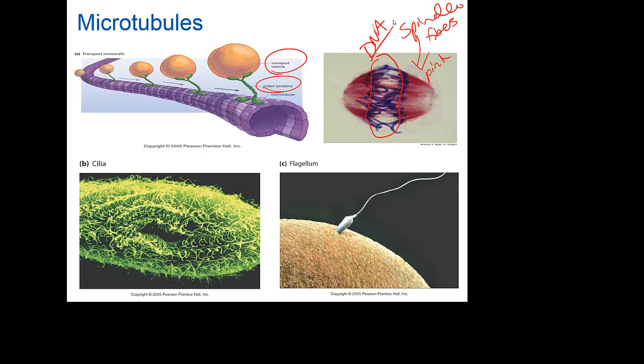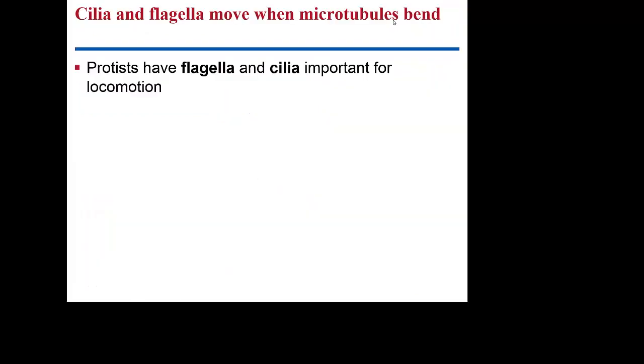They also can help things move, so they form cilia and flagella and so on that are extremely important for locomotion. Protists, there's that name again of those intermediate organisms that we will talk much more about later on, and we look at these guys as having cilia and flagella associated with them.